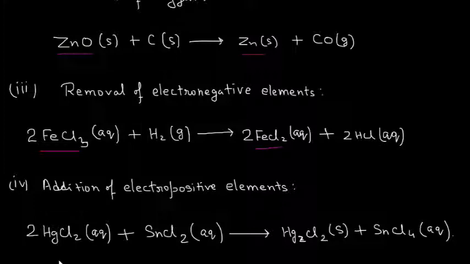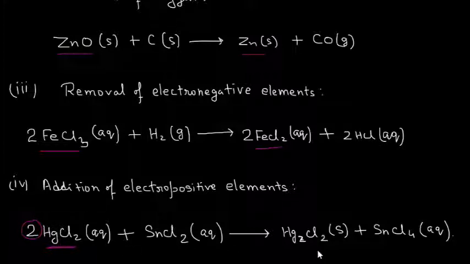In the reactant we have single Hg. Don't take this 2, this 2 is for balancing the equation. HgCl2 is the compound, so we have single Hg here.